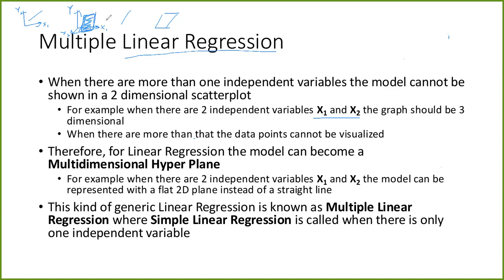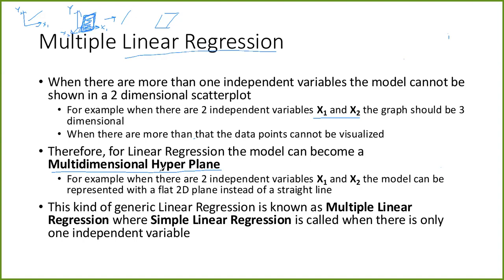And if it is more than that, for example, if there are three dimensions, x1, x2, and x3, then this plane becomes a cube, right? So actually you can't see it. These multidimensional planes are known as multidimensional hyperplanes, right?